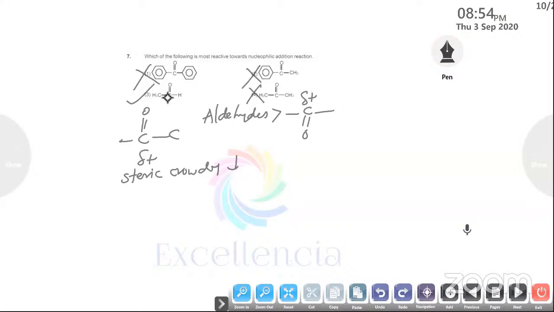So aldehydes have more reactivity than ketones for nucleophilic addition reactions, as they have more positive charge on the carbon and there will be less steric crowding. Because of these two reasons, aldehydes are more reactive towards nucleophilic addition than ketones.